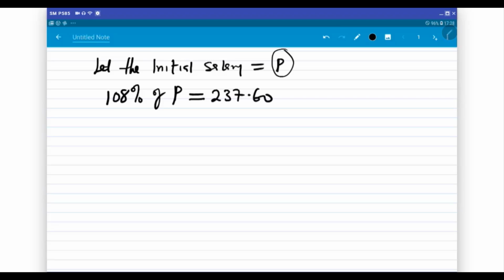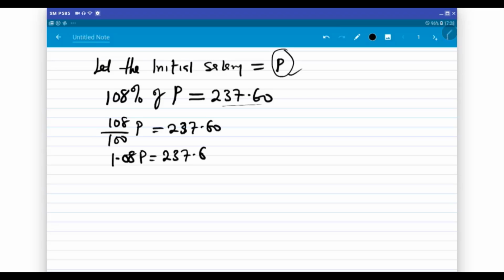So it means 108% of this initial salary is now this 237.60. And therefore, what does that mean? 108 over 100 times P is 237.60, or 1.08P is 237.60. So this means P, which is the initial salary, will be equal to 237.60 divided by 1.08.